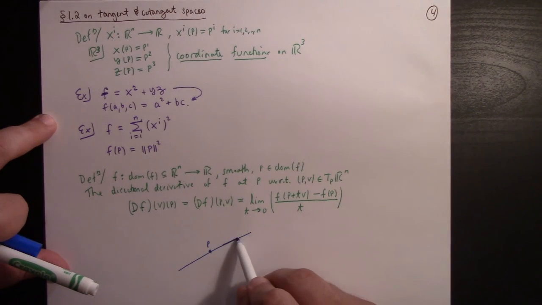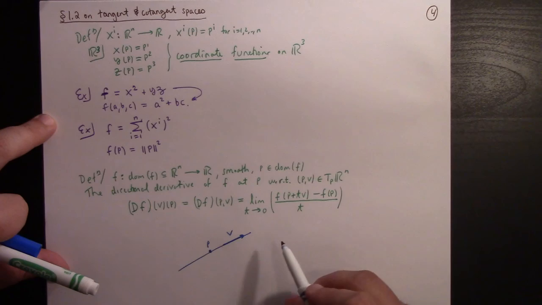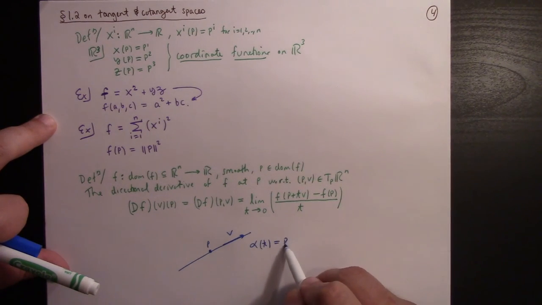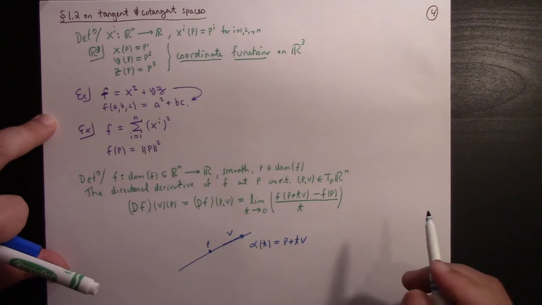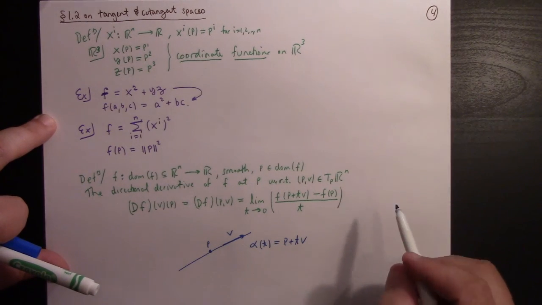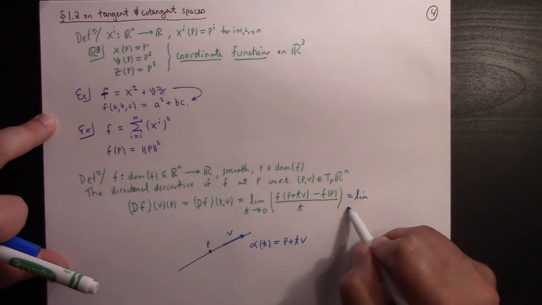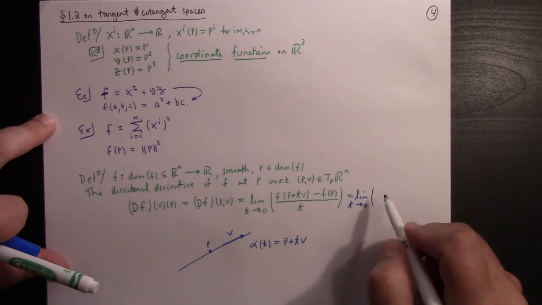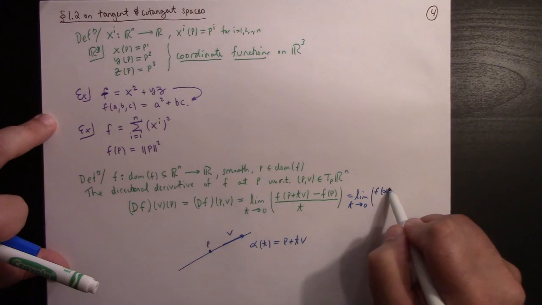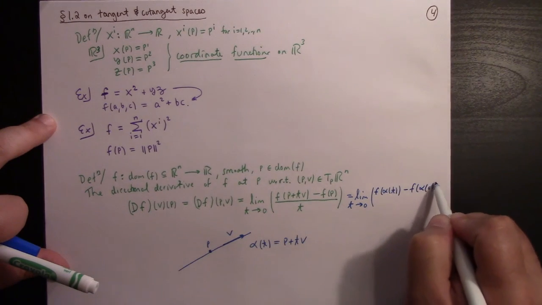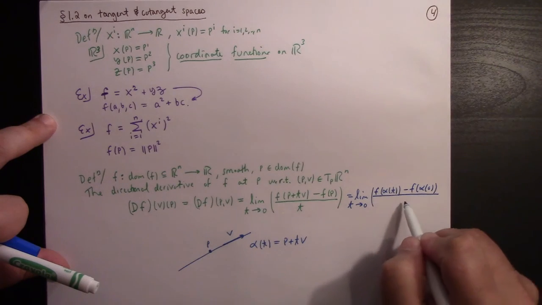So you can think about v going along that line, and you could say alpha of t would be p plus tv. That's a parameterization for the line, right? So what we're really looking at here, if you look at the definition, is the limit as t goes to 0 of what? Well, it's really f of alpha of t minus f of alpha of 0 over t.